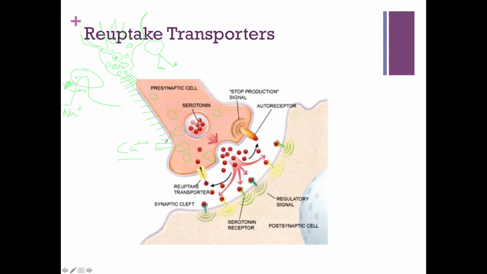So once this action potential travels all the way down this membrane and it's excited, that's going to trigger the opening of this calcium channel, and calcium comes into the cell, and what that does is trigger the docking and fusion of this vesicle with the membrane. So now this vesicle is going to come here, it's going to dock, and then it fuses with the membrane.